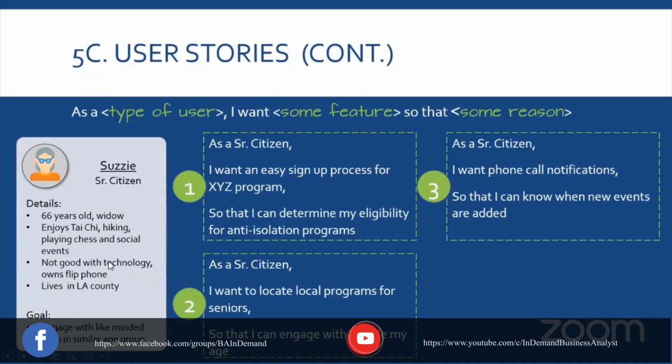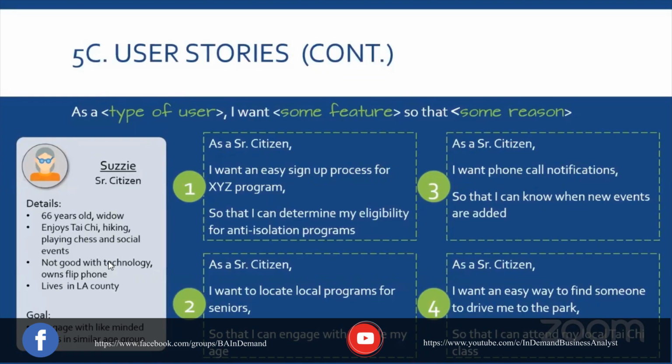And doesn't know how to use technology. So maybe Susie wants phone calls to let her know when new events are added because she doesn't have a smartphone or she doesn't like using the internet to get notifications and whatnot. So that helps us understand what her needs are and how to develop a system better for our end users.